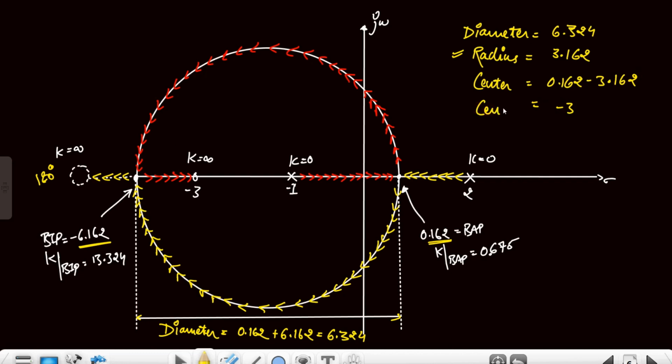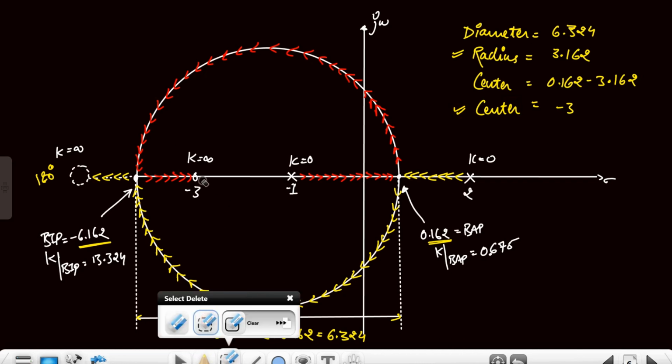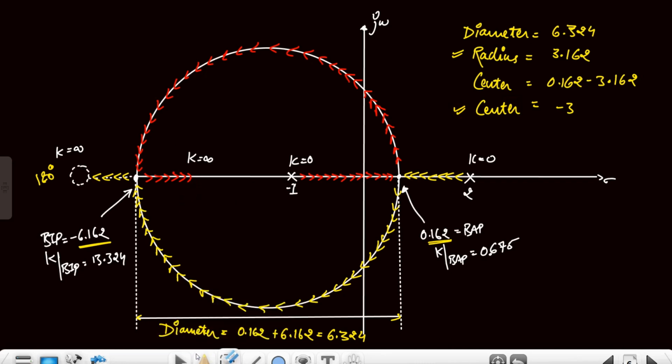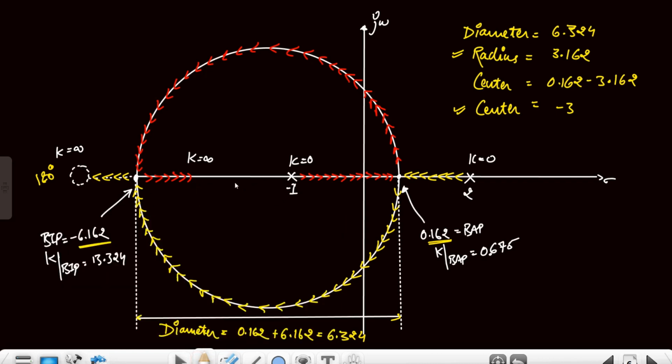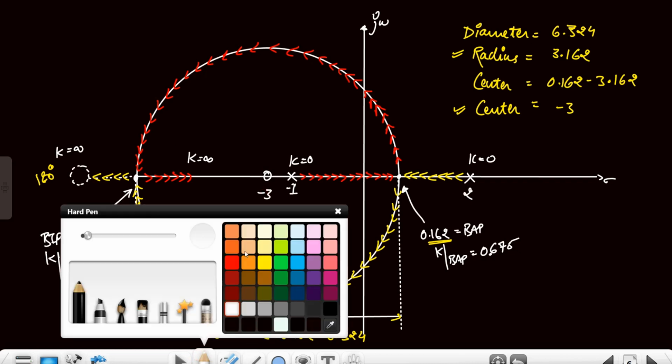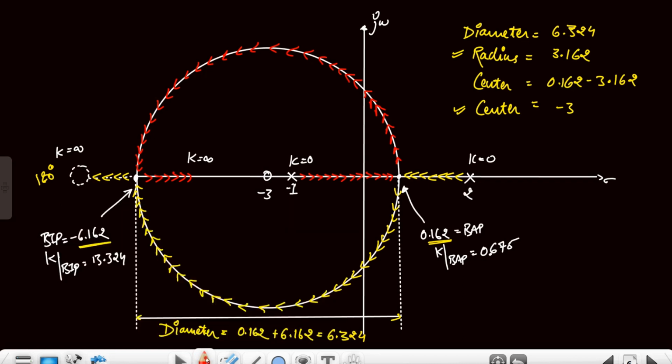So this point is nothing but the center, but it is not looking like the center, so I should draw it here. Yes, here. So this is the center. Now ignore this distance and draw there.